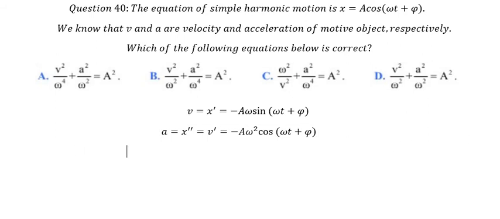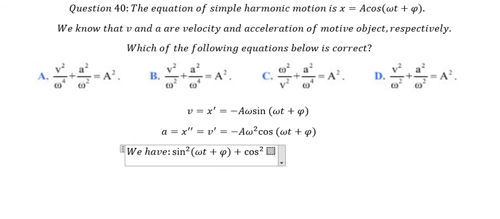Now we need to know the formula: sine power 2 plus cosine power 2 gives you number 1.